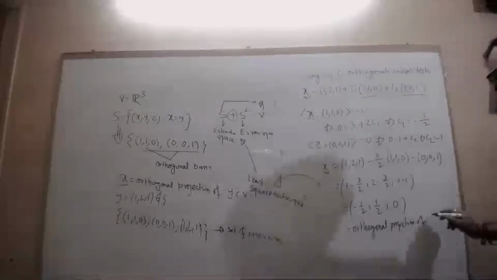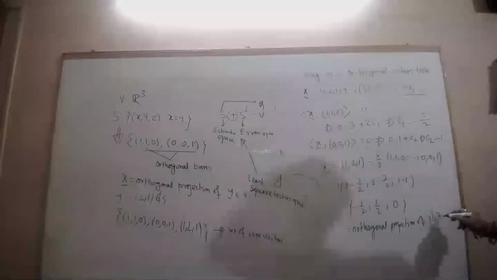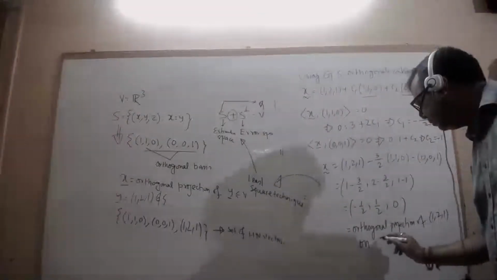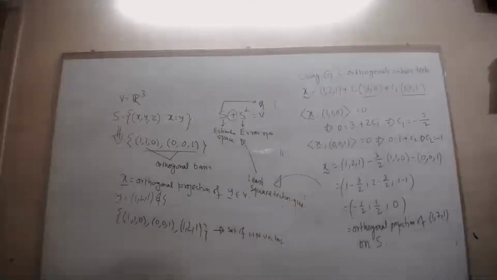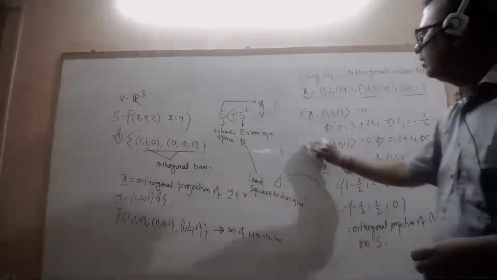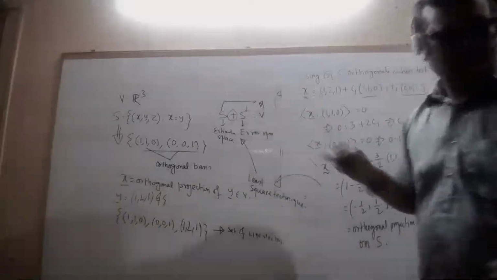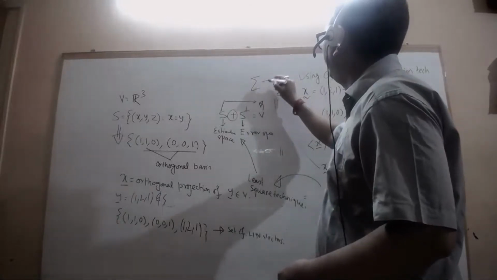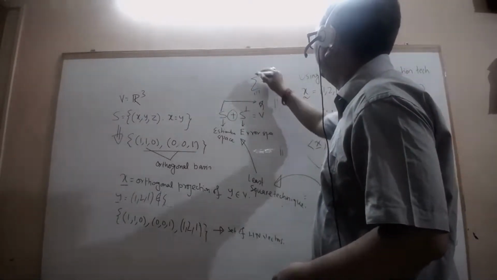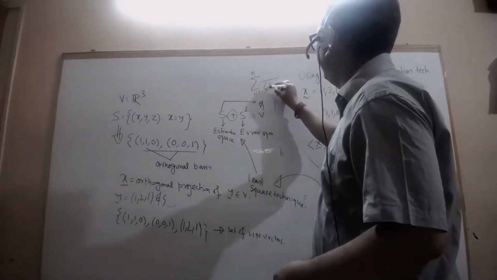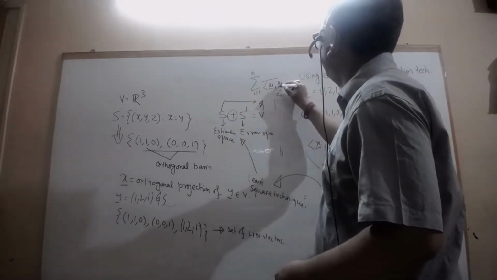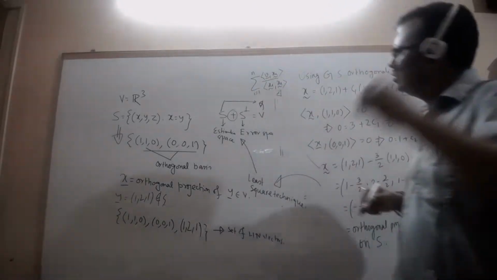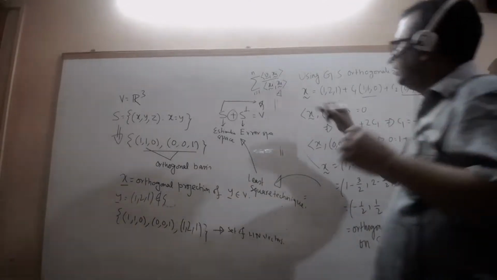of the vector on S. Clear? Or you can use the direct formula which we gave, that is the sum over i from 1 to n of the inner product of v with each orthonormal vector times that vector.